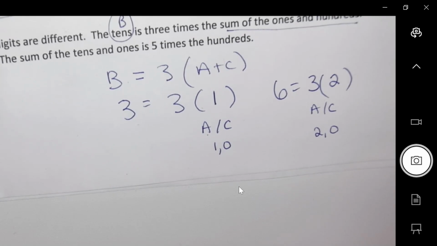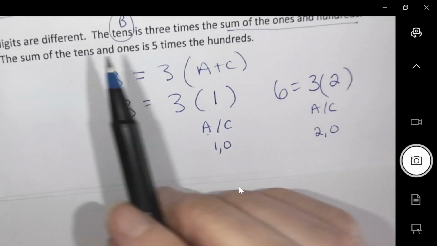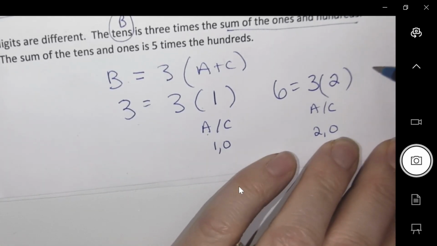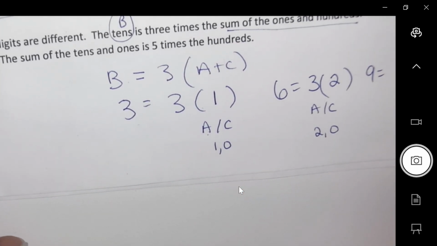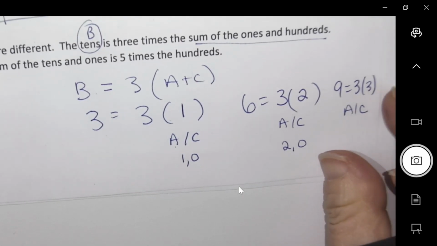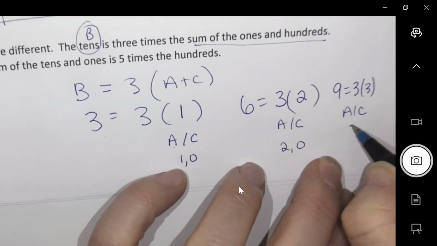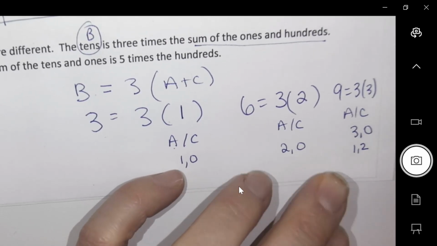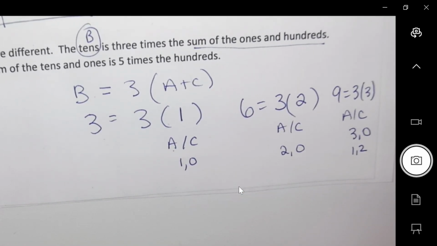That's the only way, because I can't use 1 and 1. Why can't I use 1 and 1? Because those numbers repeat. They all are different. And if I wanted B to be 9, then I would have to do 3 times 3. So A and C, what could add up to 3? I could do 3 and 0, or 1 and 2. Okay, so those are my options.